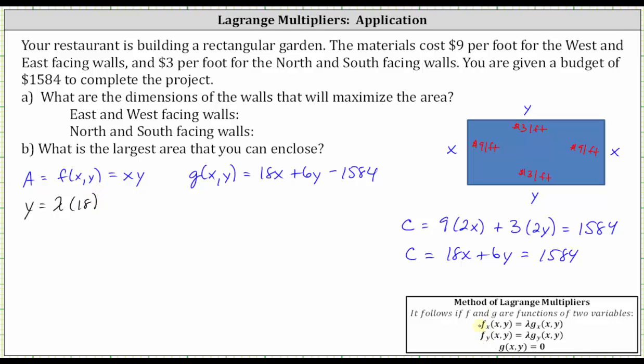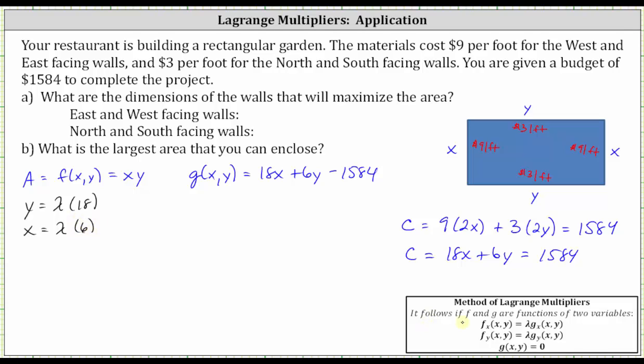The second equation is the partial of f with respect to y equals lambda times the partial of g with respect to y. The partial of f with respect to y is equal to x times 1, or x. X equals lambda times, for the partial of g with respect to y, we have 0 plus 6 minus 0, or 6.